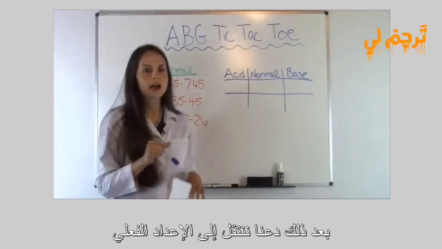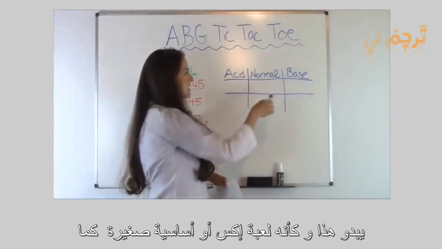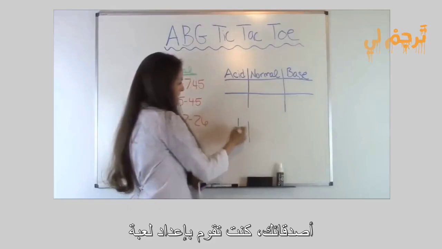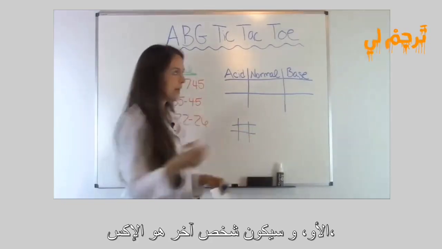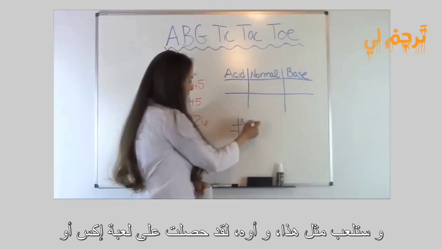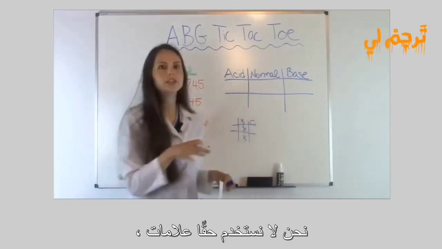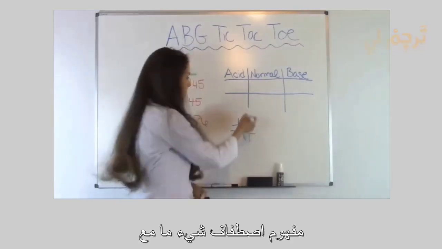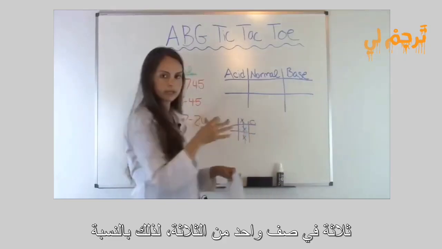Next, let's go over the actual setting up for the tic-tac-toe method. As you see, this looks like a basic little tic-tac-toe. Whenever you used to play with your friends, you would set up the tic-tac-toe like that, and someone would be O's, another person would be X's, and you would play like this, and oh, you got tic-tac-toe. We're not really using the X's and O's. We're going to throw that concept out, but we are keeping the concept of lining something up in a row of threes.